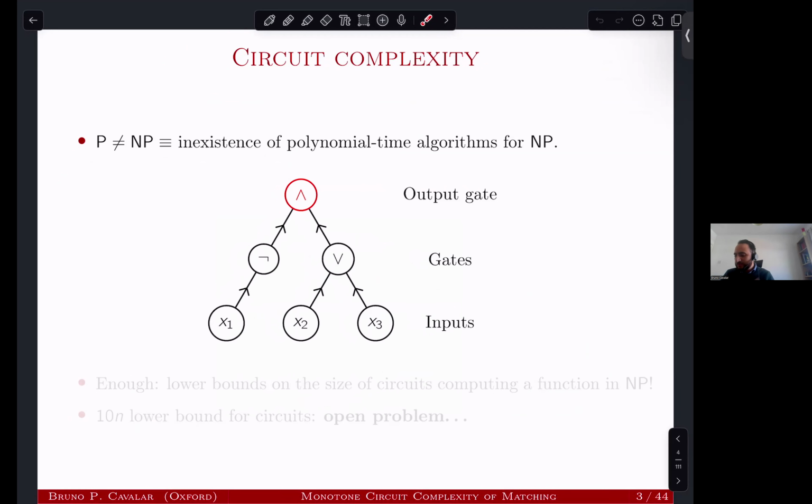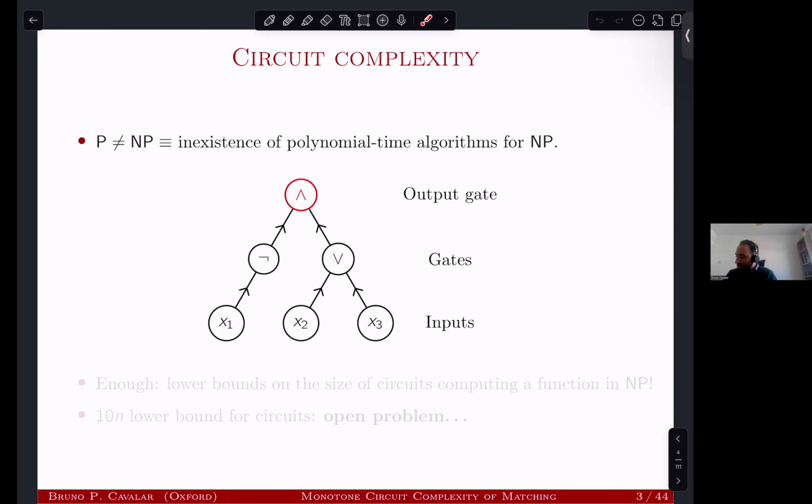And one way of approaching this problem is by means of Boolean circuits. A Boolean circuit is a directed acyclic graph with some source vertices, which are called inputs. They're labeled with literals. We have other vertices, which are labeled with logical operations, OR or AND, and we have one sink, which is the output gate.